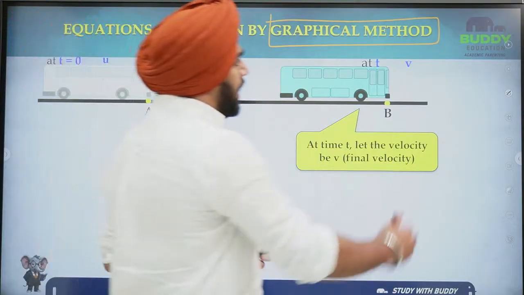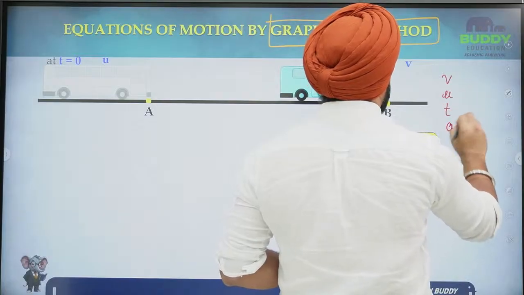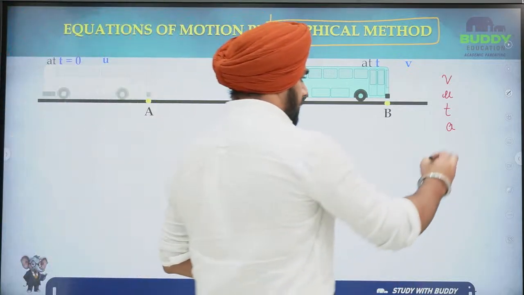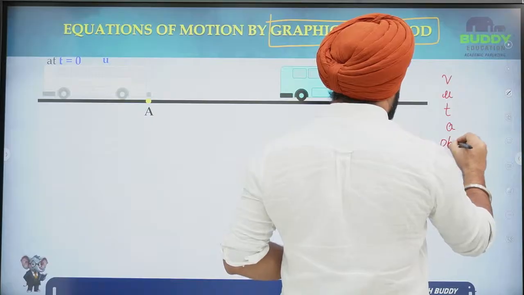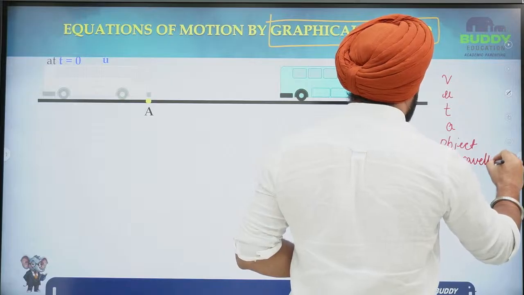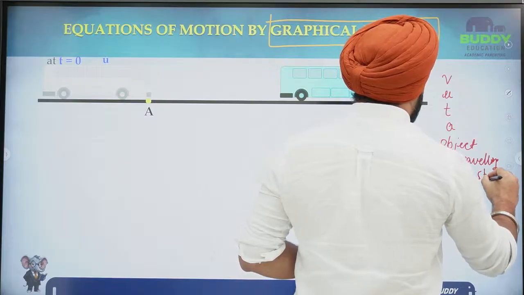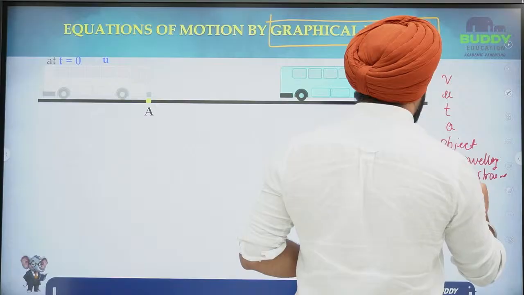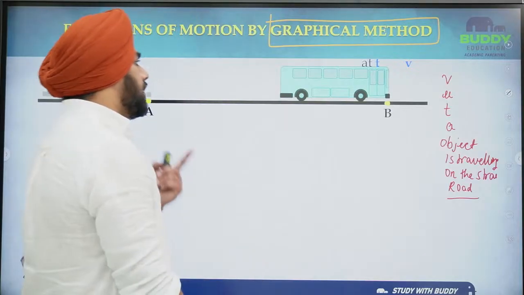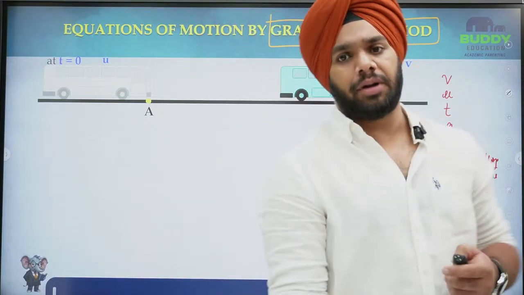So we have the final velocity, the initial velocity, the time, and the acceleration. Also, the object is traveling on a straight road. Once you have a straight path, that means the displacement and distance are equal here. This is also a very important aspect.